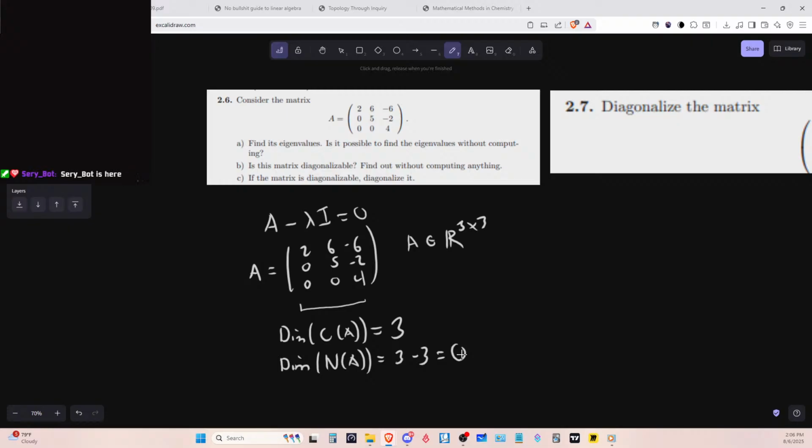So we have a dimension of 0 for the null space.